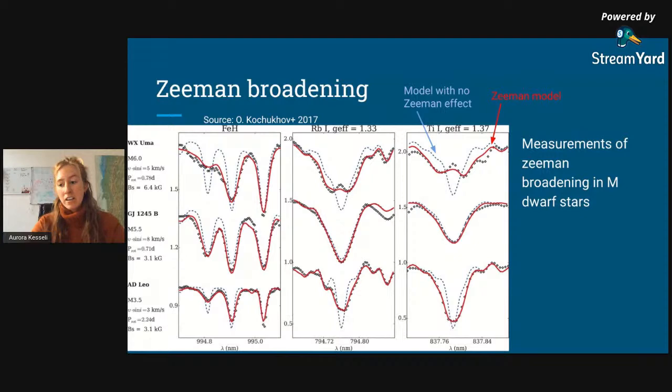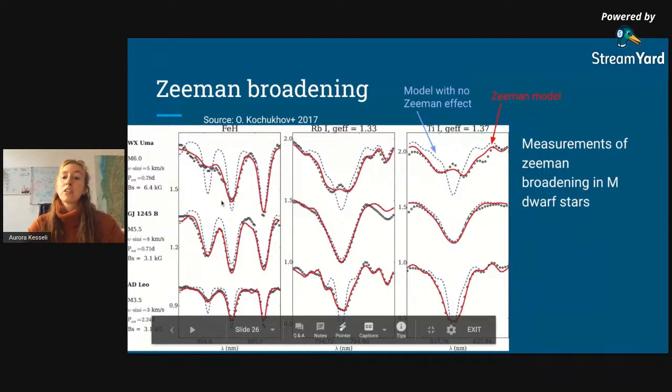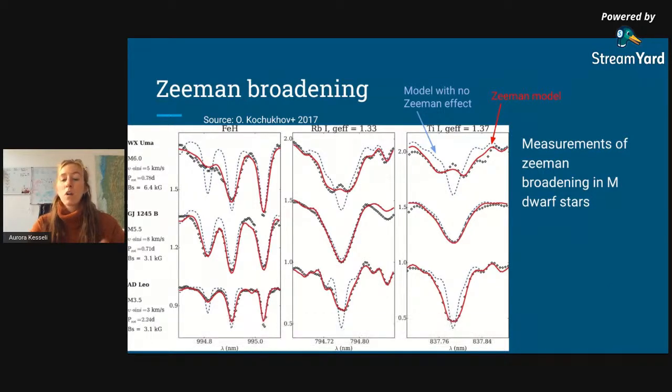My area of expertise is low mass stars and exoplanets, and low mass stars, so M-dwarf stars, can have surface magnetic fields that are measurable with Zeeman broadening. I'm not exactly sure what other spectral types they've measured magnetic fields on, but I know that they've measured them on low mass stars pretty effectively.